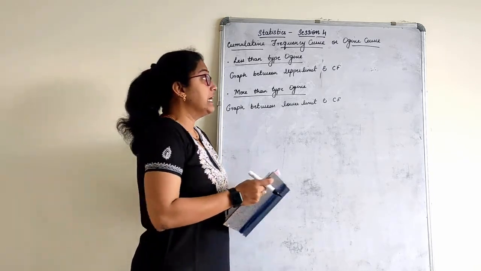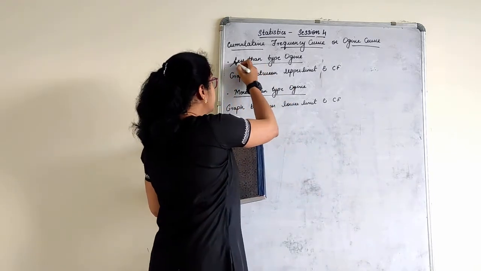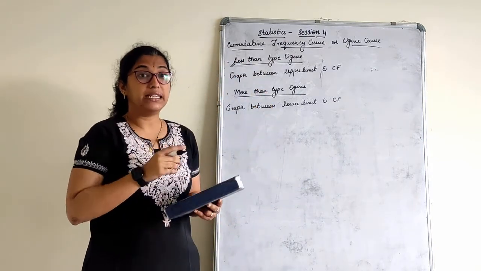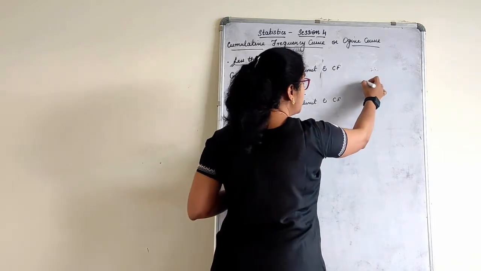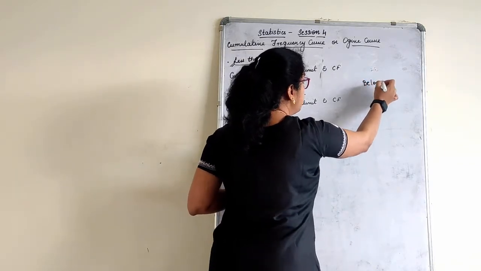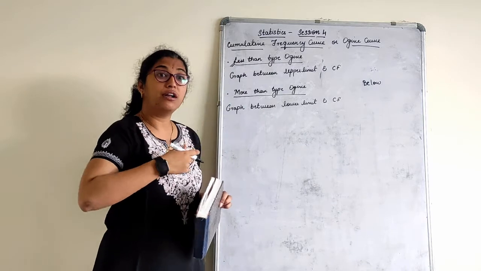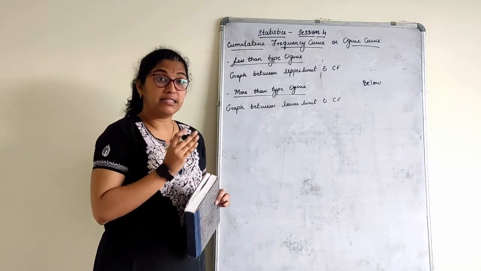We already understood the less than type one. In one of the median exercise sums, we calculated one sum which was below, right? Below 20, below 25, or it was less than 20, less than 25.